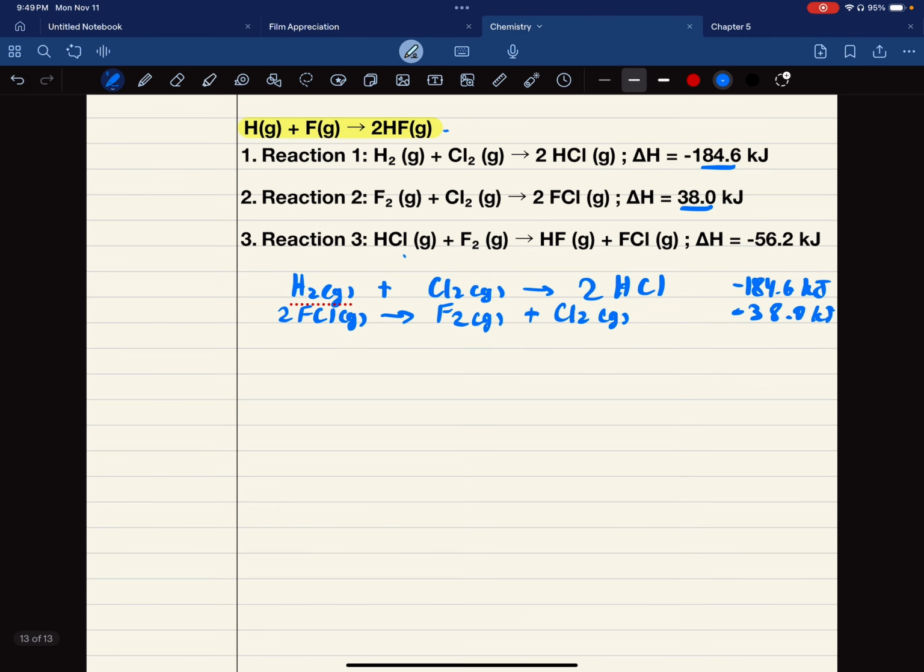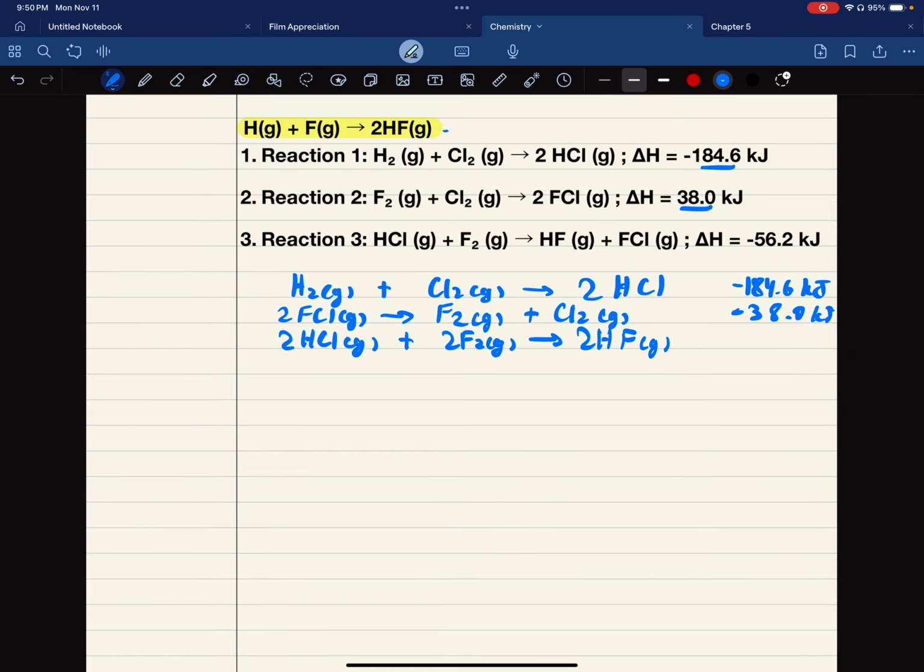For the last one, we are going to multiply it by 2. So that would give us 2HCl(g) plus 2F2(g), sorry, that gives us 2HF(g).